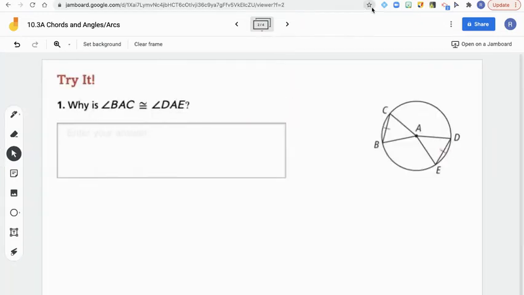Okay, and similarly, if we look at it the other way, how do we know that those angles are the same? Well, again, we know that all of these side lengths must be equal. In this problem, they told us that our chords are the same. And in that case, these two triangles must be congruent by side, side, side.